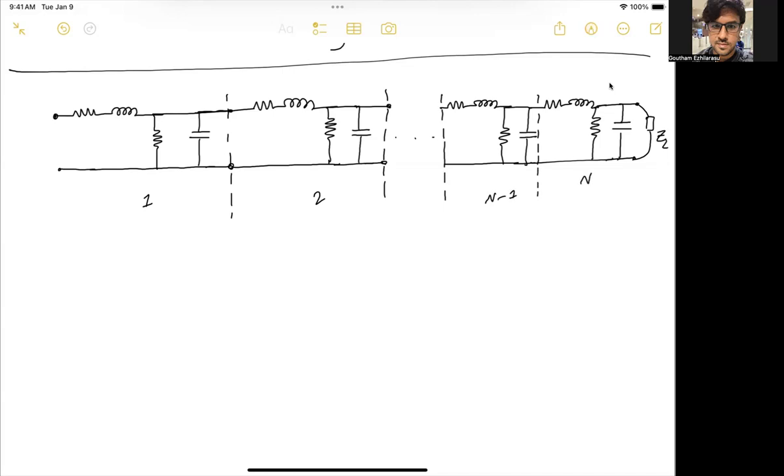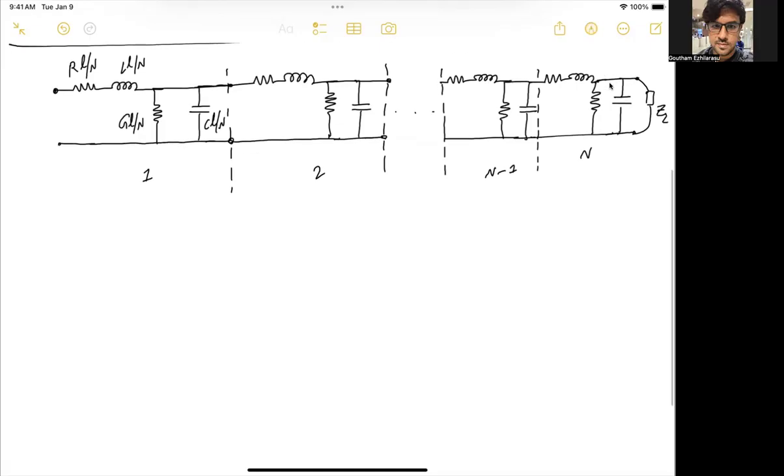And each one of these resistors and inductors is just going to be the resistance per unit length times the length over n, where L is the length of the transmission line. This is going to be LL over N. This is going to be GL over N and CL over N. So now what we are going to do is try to solve for the kth element.